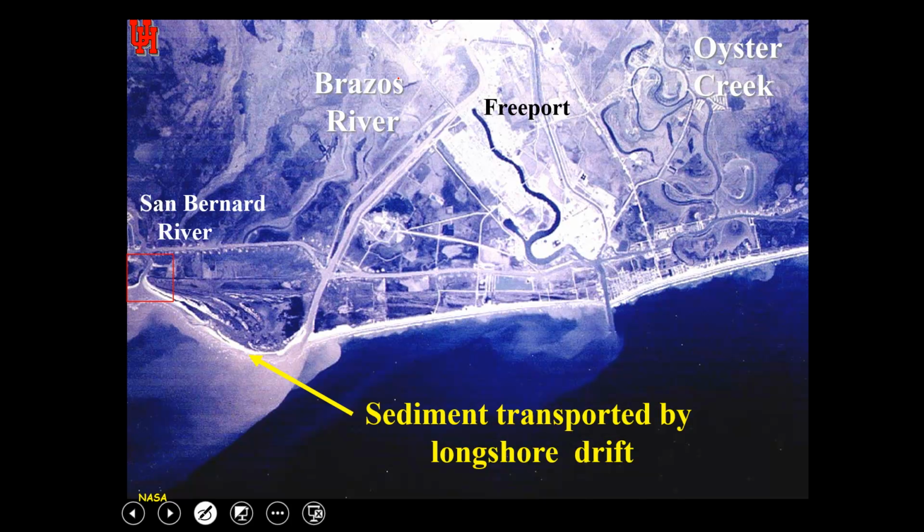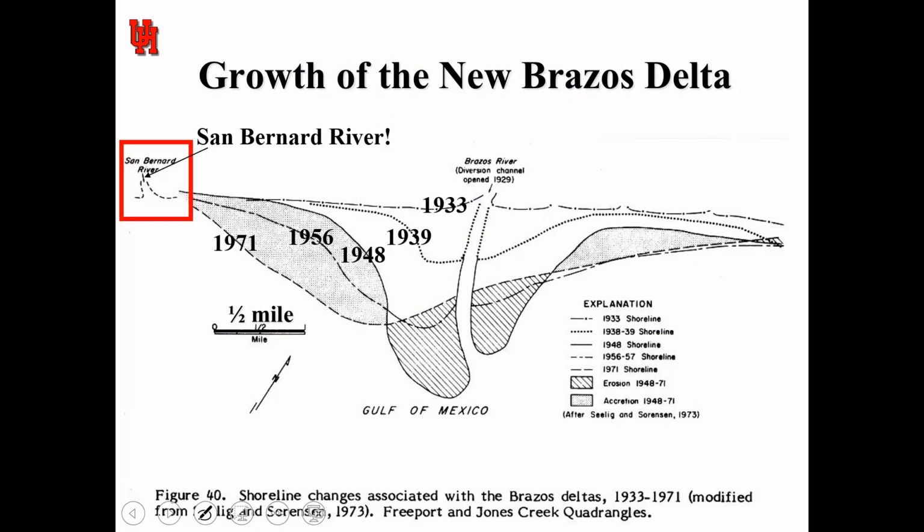So I thought I'd look into that, and sure enough, the San Bernard River comes in through here, just downdrift of the Brazos River, and the supply of sediment to the mouth of the San Bernard River is actually less the San Bernard River than longshore currents bringing sediment from the Brazos River.